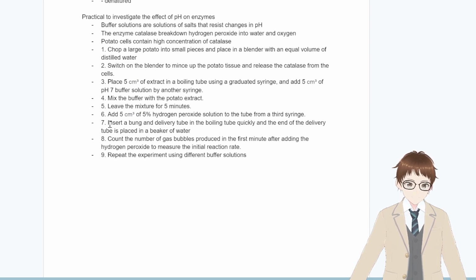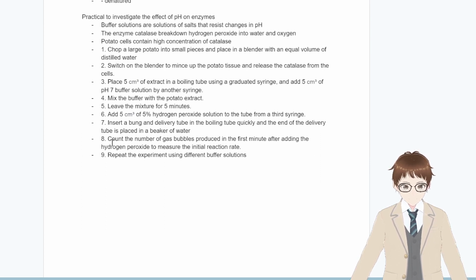Then add 5 cm³ of 5% hydrogen peroxide solution to the tube from a third syringe. Next, we insert a bung and delivery tube in the boiling tube quickly, and the end of the delivery tube is placed in a beaker of water.